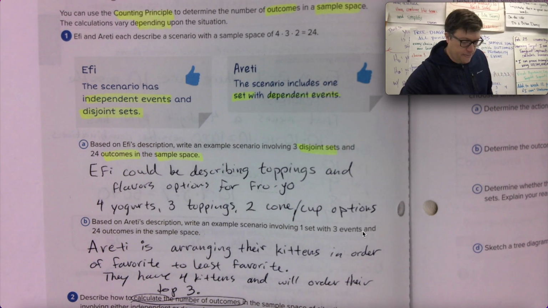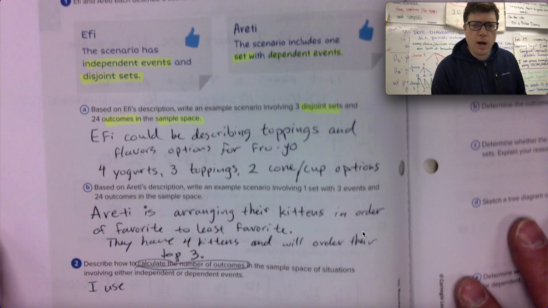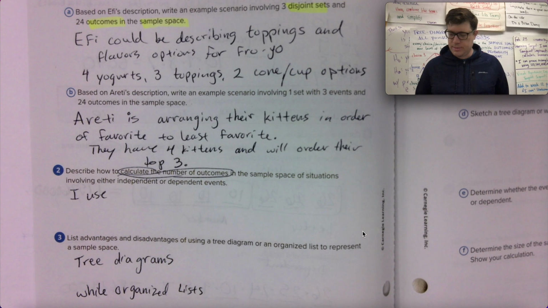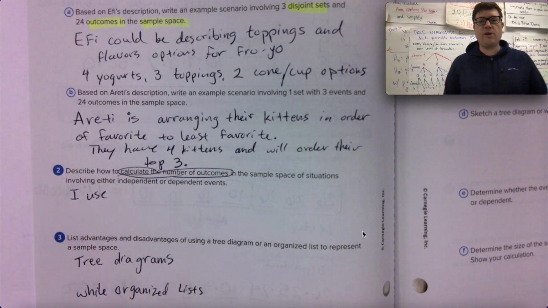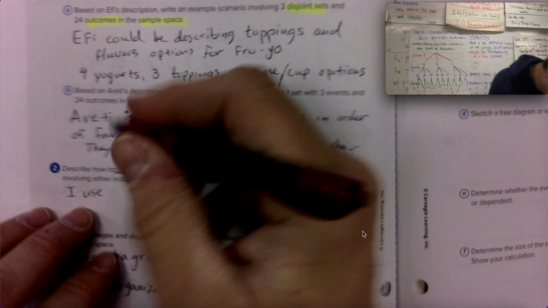Okay, now last, we're going to finish with question 2 and then question 3. Question 2 says, describe how to calculate the number of outcomes in a sample space of situations involving independent or dependent events. I could use the counting principle.